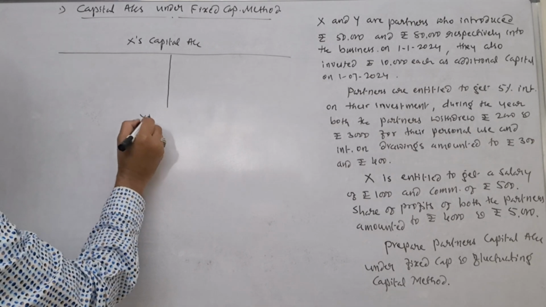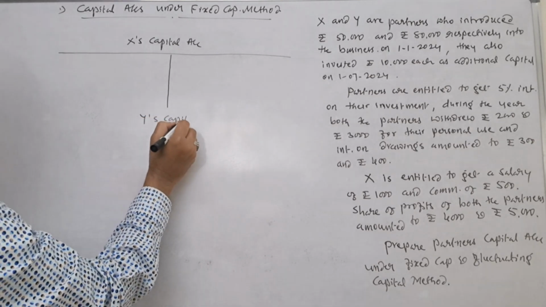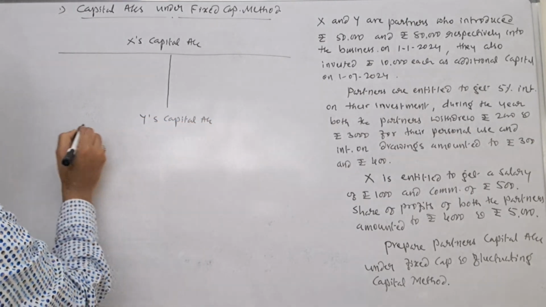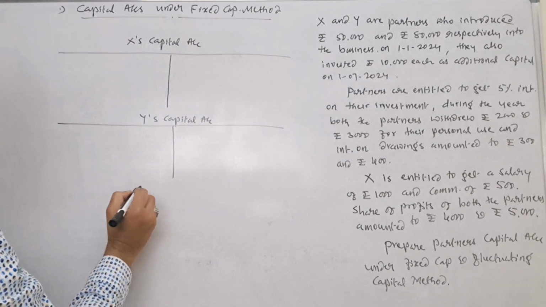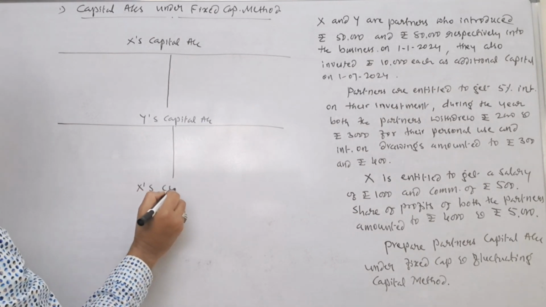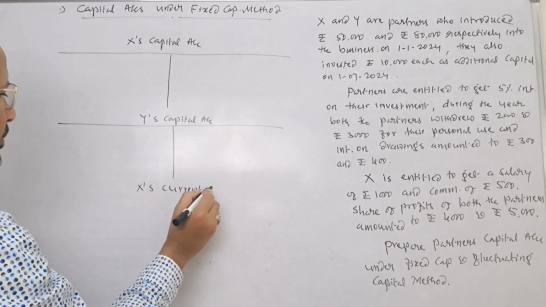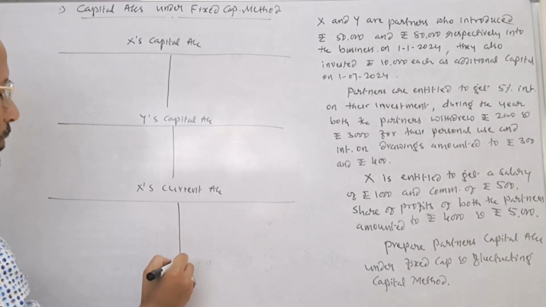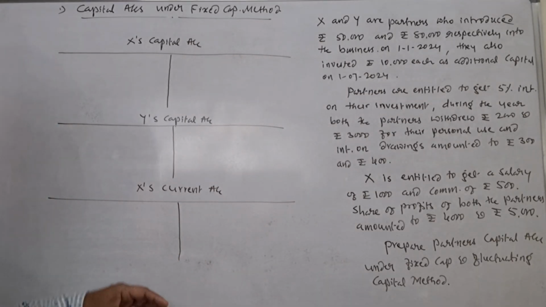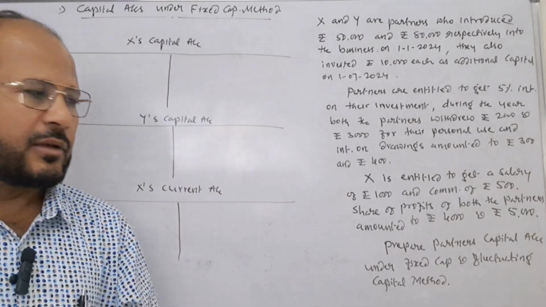Next one is Y's capital account. Next we prepare X's current account. And in a similar way, we also prepare Y's current account.